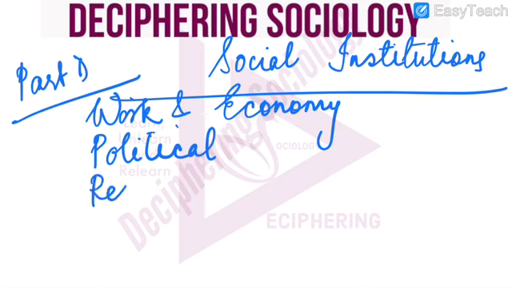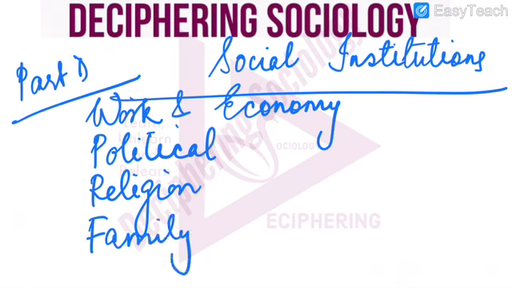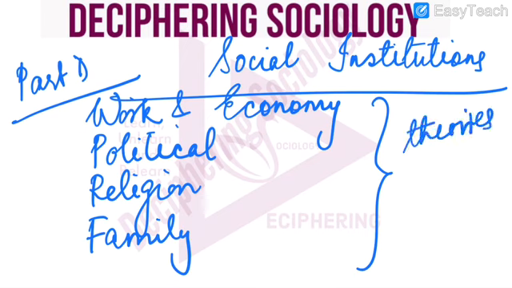We read about religion. We read about family, marriage and kinship. All these social institutions we study. These comprise different theories which we have already studied, and then the structure or structural makeup of all these social institutions.